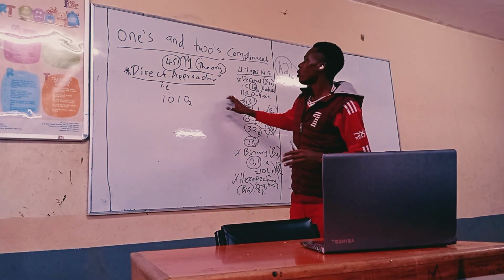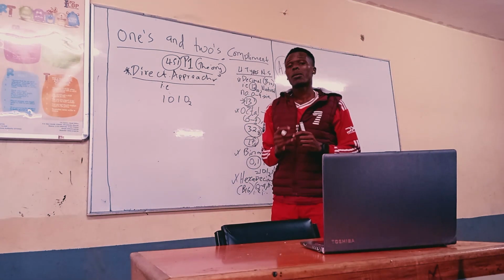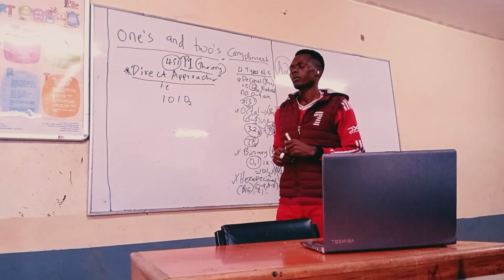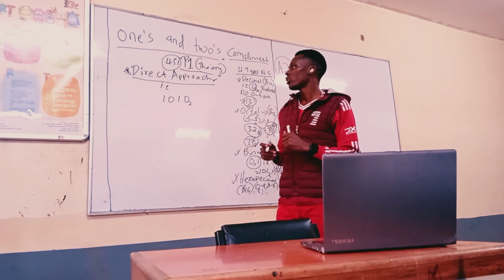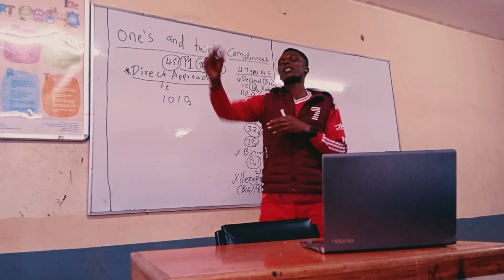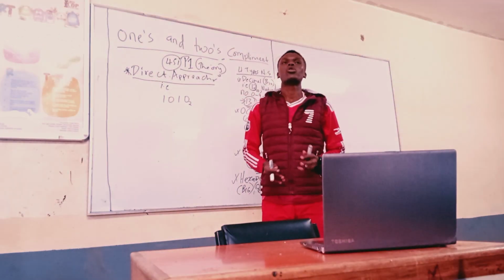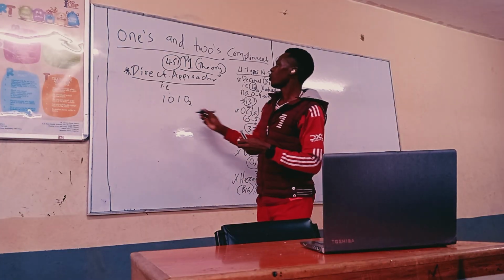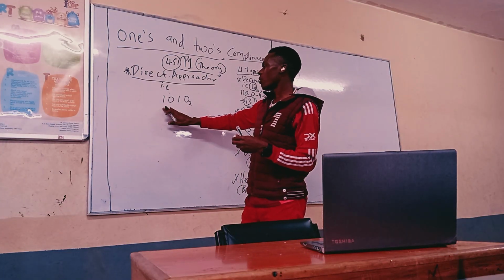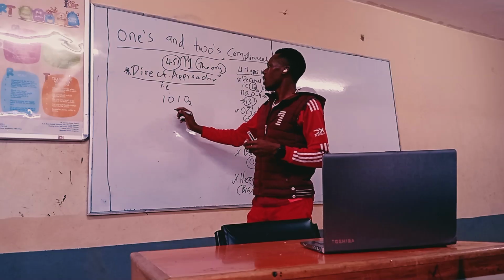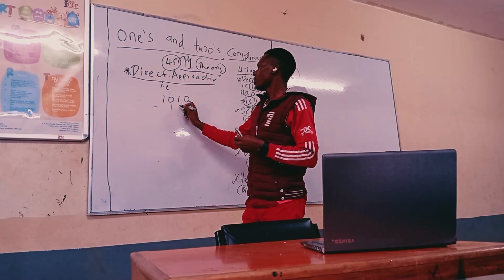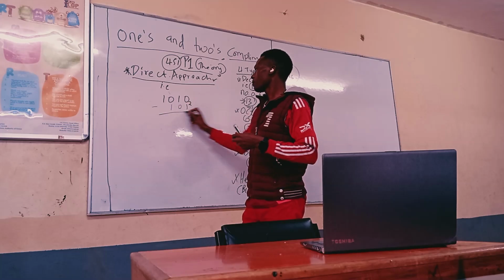So let's proceed. I was talking of a direct approach. So what are these direct approaches? A direct approach is when you do it directly. There is no formula to do that one. So like now when you are told that this is the number here, 1010, and then we are supposed to subtract, let's say, 101.